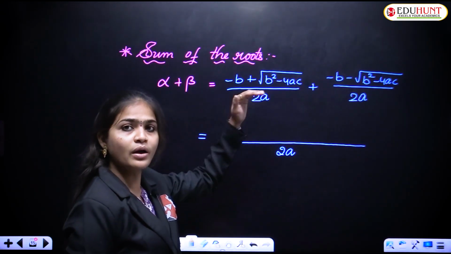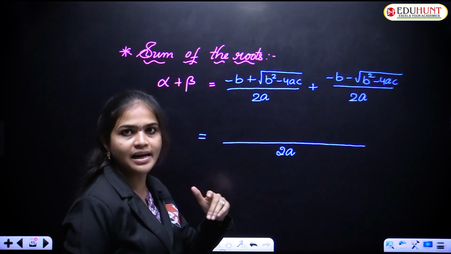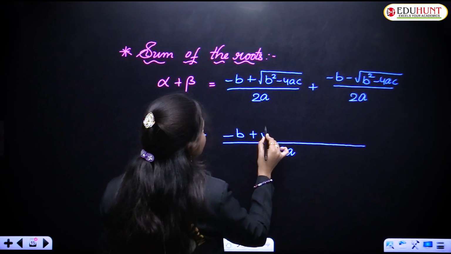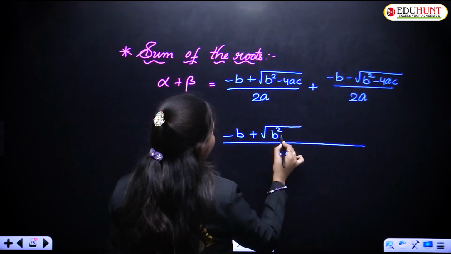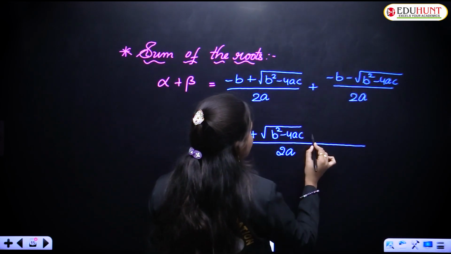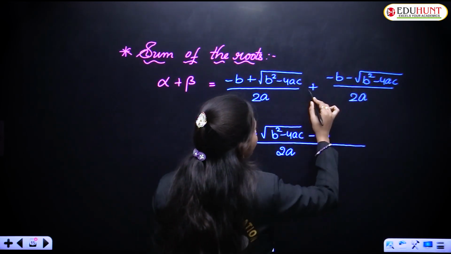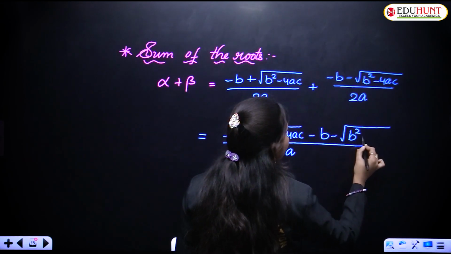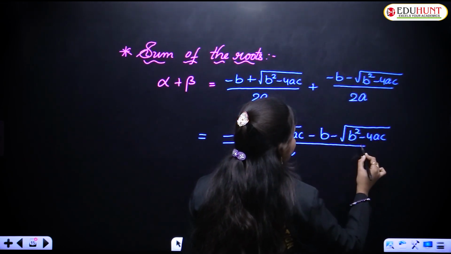Now we can add the numerators as they are. So minus b plus square root of b square minus 4ac, plus minus b minus square root of b square minus 4ac.